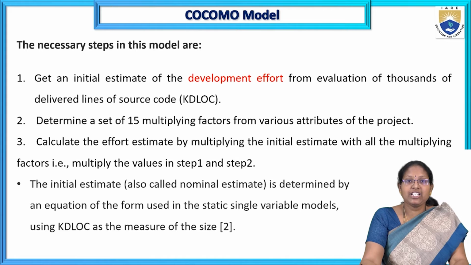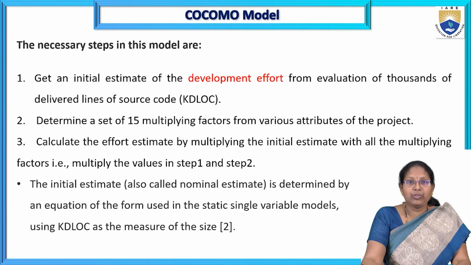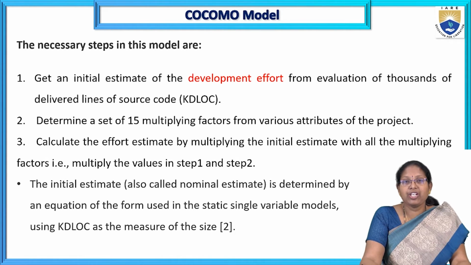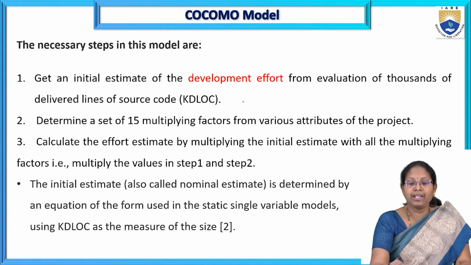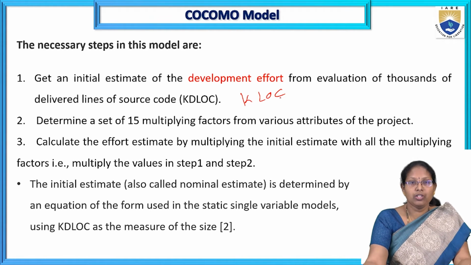What are the necessary steps required to estimate the cost by using the COCOMO model? First one is the initial estimation of development effort: the first estimation of the effort from evaluation of thousands of delivered lines of code, or simply KLOC, kilo lines of code. The input is kilo lines of code and the output is effort.